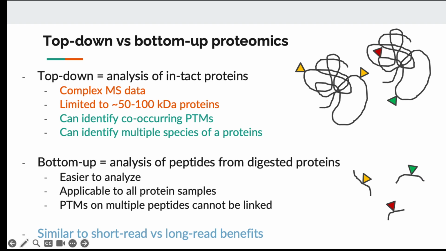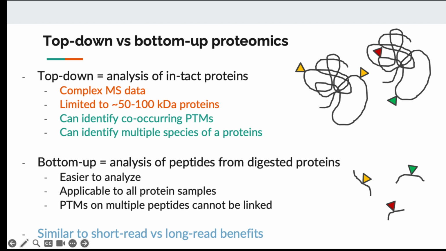If we digest the protein, we might detect phosphorylation on a peptide, but we have no idea if on the same protein the other site is also phosphorylated. When we do bottom-up, when we cut the protein into small pieces, we no longer have the entire picture of post-translational modification.